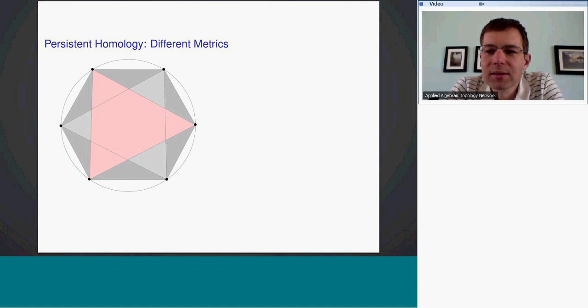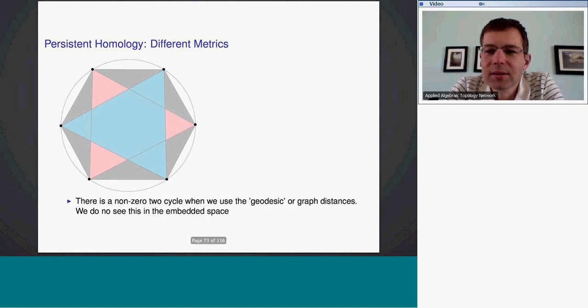So homology classes appear that maybe you didn't think about when you're using not the embedded but the graph metric. So different information. We talked in great detail about this specific problem, endpoints on the circle, a couple weeks ago. We should take a look at that presentation for more details.